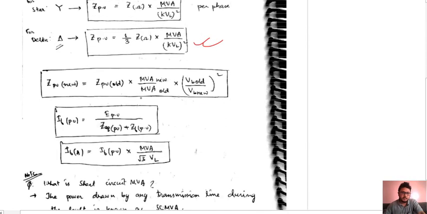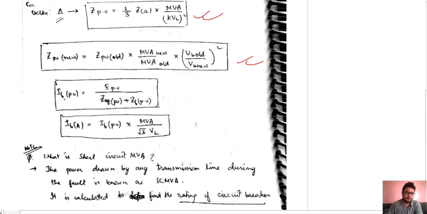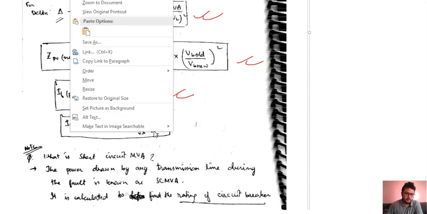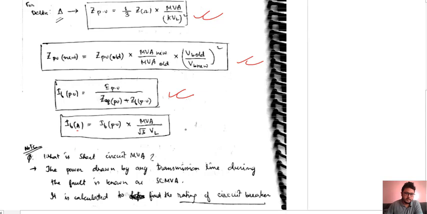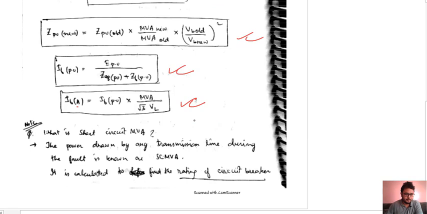Then Z per unit new equal to Z per unit old into MVA new by old and V old by new. IF per unit equal to E per unit by Z equivalent plus ZF. This also we have discussed. IF ampere, that means actual value, equal to per unit into MVA by √3 VL. So this we have done.